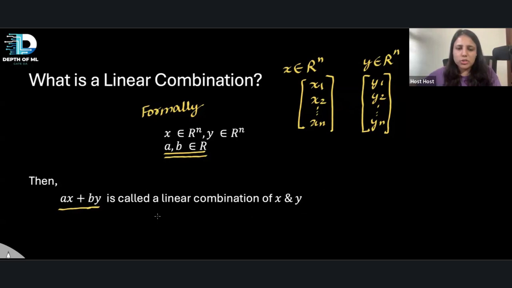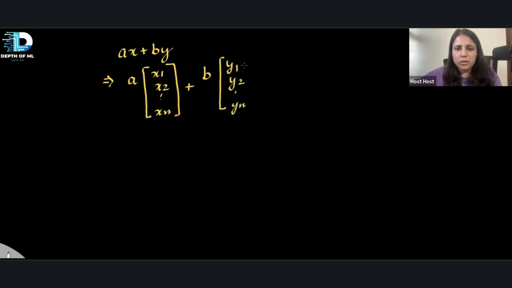So when I'm doing ax plus by, it will be equal to a of (x1, x2, ..., xn) plus b of (y1, y2, ..., yn).